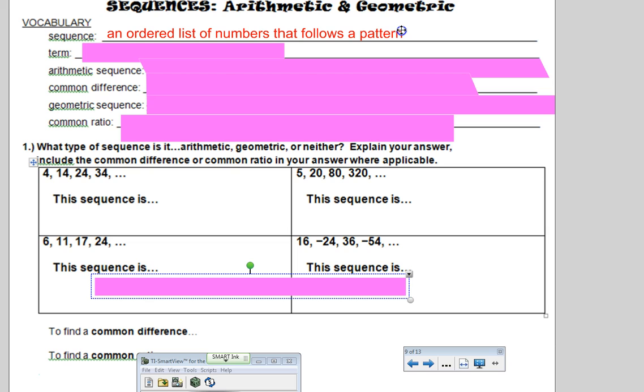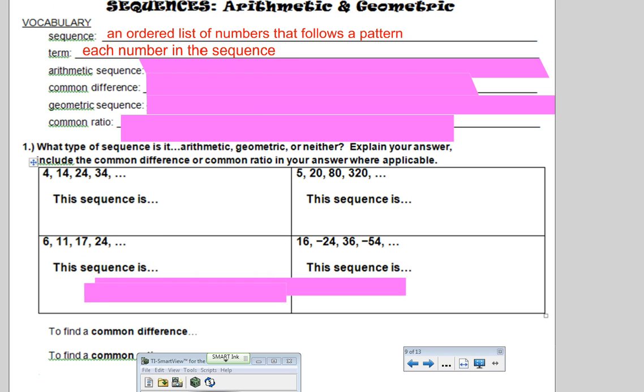And pause at any time if you need more time to write them out. A term is each number in the sequence. So each number in the sequence is a term. The first term, the second term, the fourth term, etc.